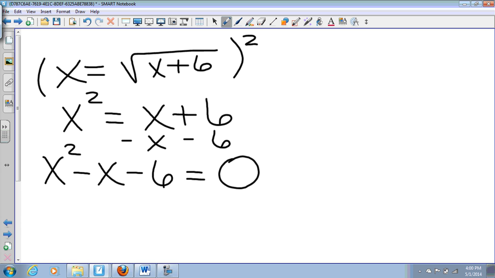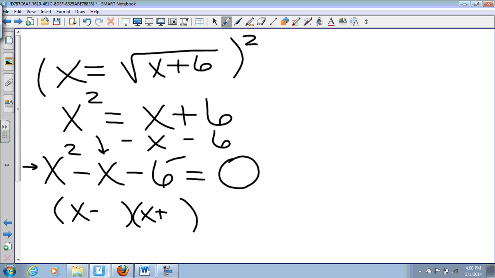When you look at this, you should immediately think about, can I factor it into my double bubbles? Oh, you thought polynomials were gone. Factors of negative 6 that sum to negative 1. x minus, x plus.